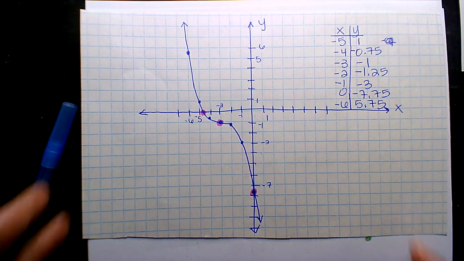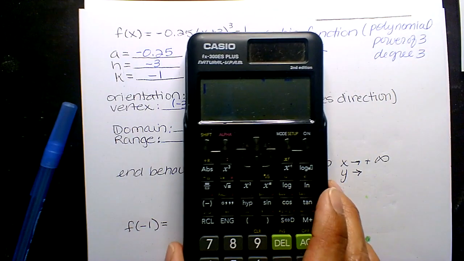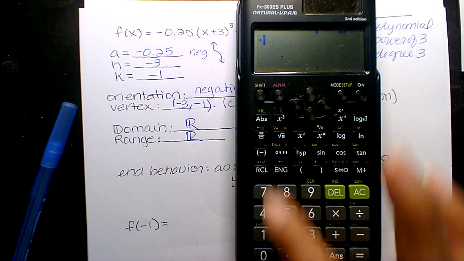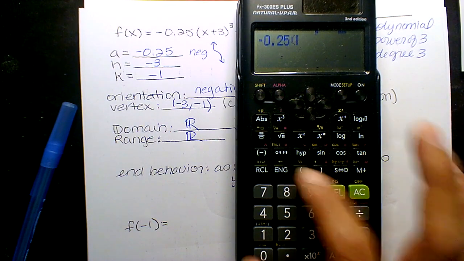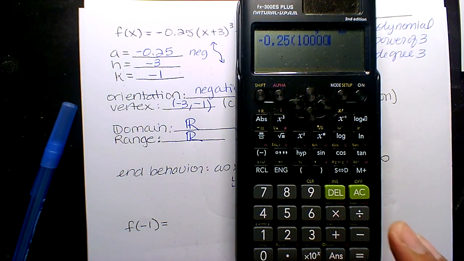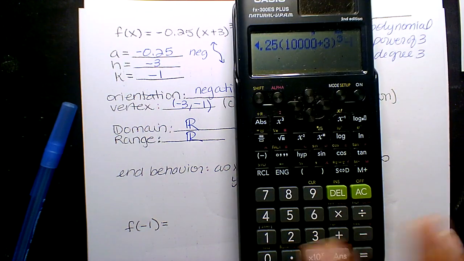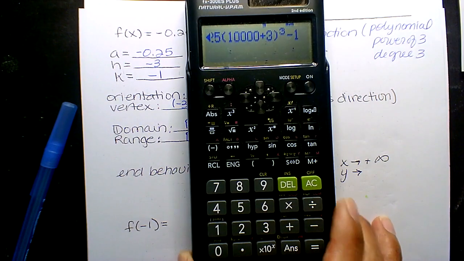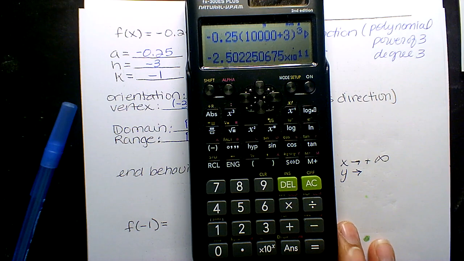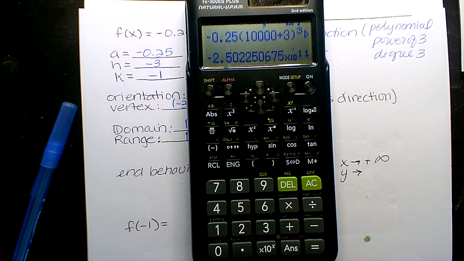You could also plug any number into the equation. So if you have negative 0.25 times 1,000, okay, that's 10,000, plus 3, cubed, minus 1, I can put in a 10,000 value X and I get just some huge Y value. So I didn't get an error, I got a number, which is telling me so far my independent variable X doesn't have a restriction on it, okay?